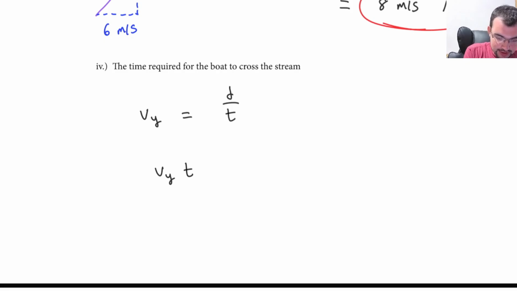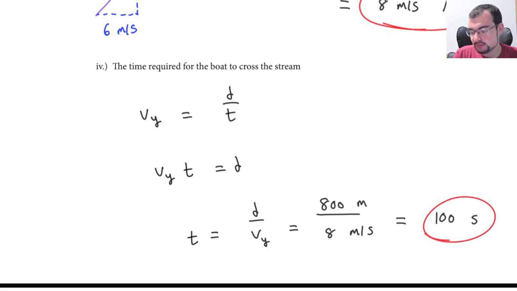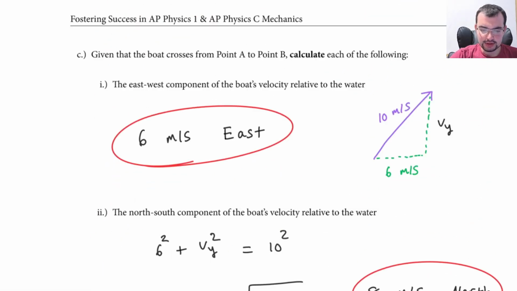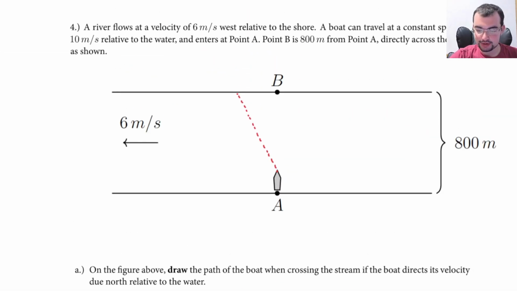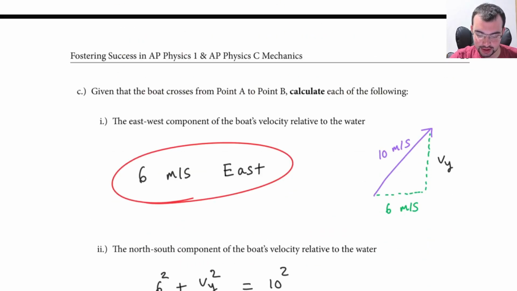So Vy times t is equal to d, or t is equal to d over v, which I'm sure you could have done in your head, but this would be 800 meters divided by 8 meters per second. Wow, look at that. It's a nice number. 100 seconds. So that's a pretty common problem to know how to do, these sort of relative velocity vector addition type.